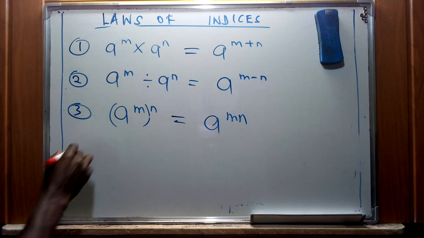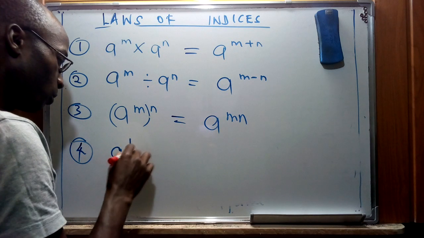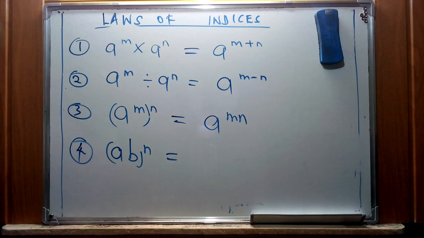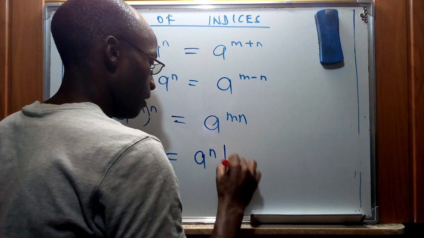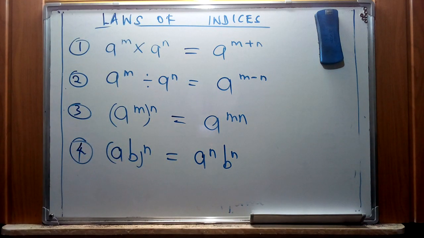And then number 4, whenever we have a product of 2 numbers which have been raised to an exponent, this is going to be distributive in a way that we have a raised to n and b raised to n as a product.